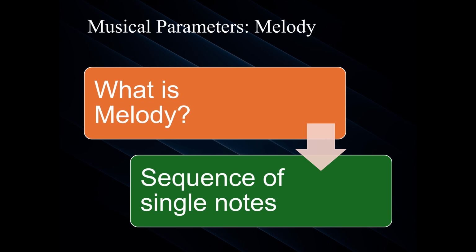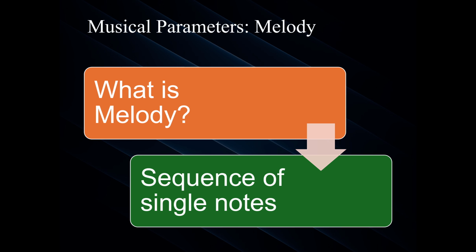We would get harmonies. And that would not be melody, that would be harmony. Two or more notes sounded at the same time in sequence. But here, we're talking about melody, and what differentiates melody from harmony is that it is a sequence of single notes.